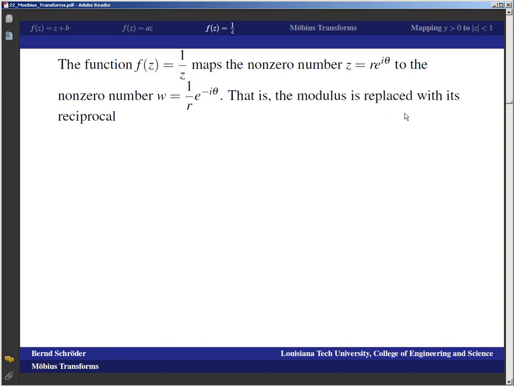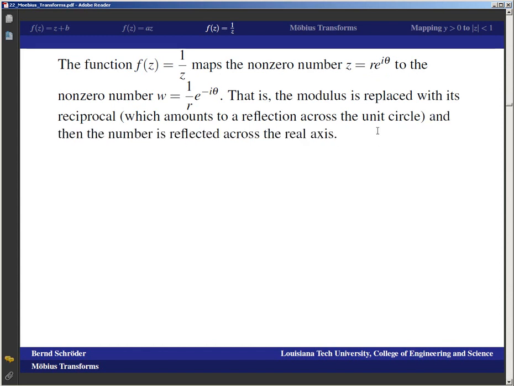So that means the modulus is replaced with its reciprocal, and that is essentially a reflection across the unit circle in a certain geometric way. And the number is after that also reflected across the real axis because we're changing from e^(iθ) to e^(-iθ).